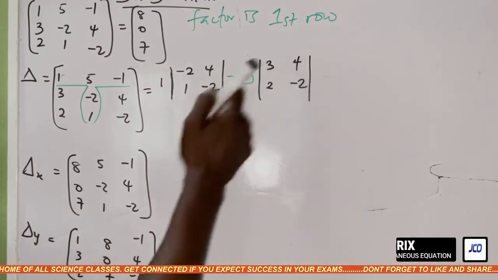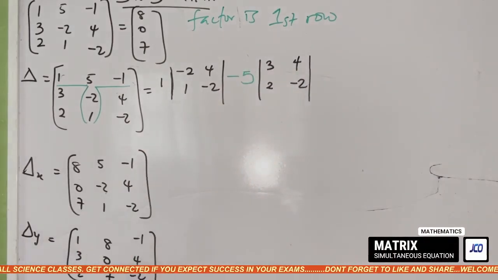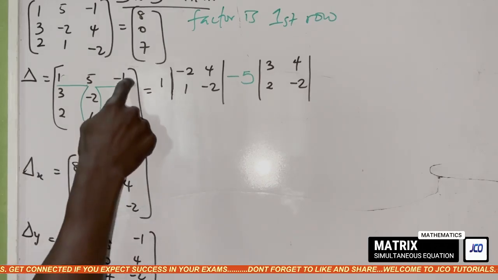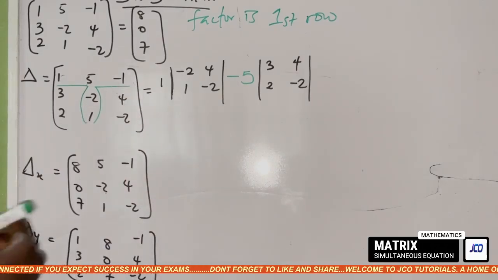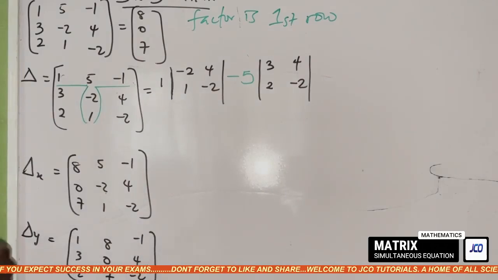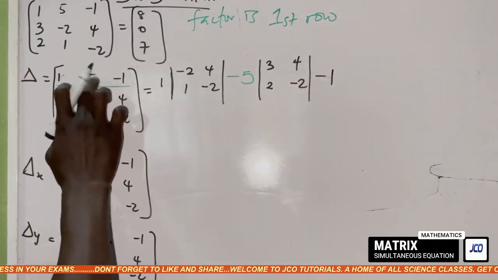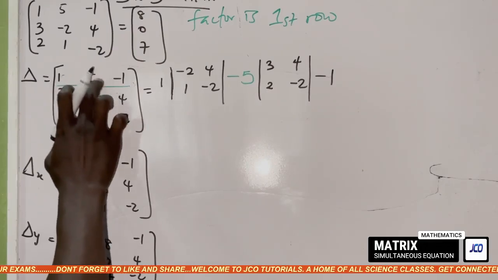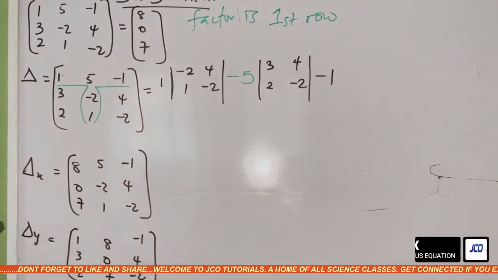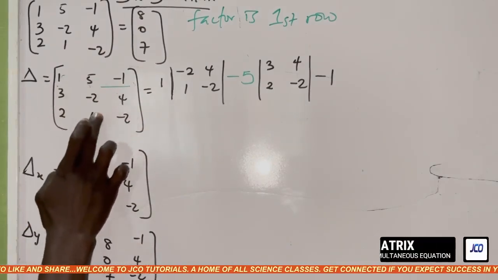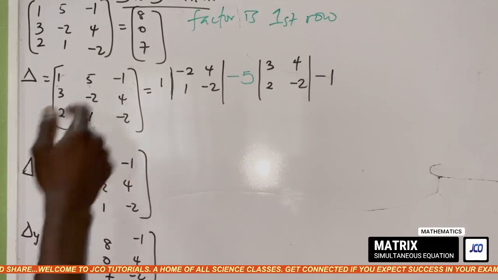This requires practice. Then the next I see now is minus 1, the last term there. You don't change anything, only the middle that you change. If it's 5, you change to minus 5. If it's minus 5, change to 5. I'm now looking at minus 1.